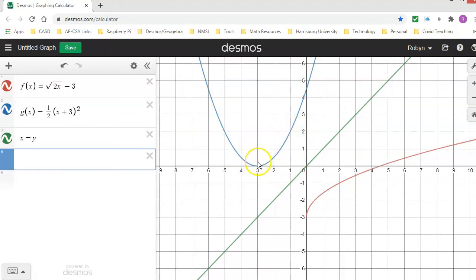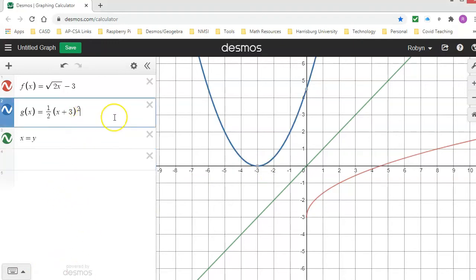So what I have to do in order to make them have symmetry over the line y equals x is I need to restrict the domain of my blue function so that it only graphs the half that I want to see. And the way that we restrict the domain in Desmos is we put a curly brace there, and then we're going to say that we're only going to graph this for x's that are greater than or equal to -3.